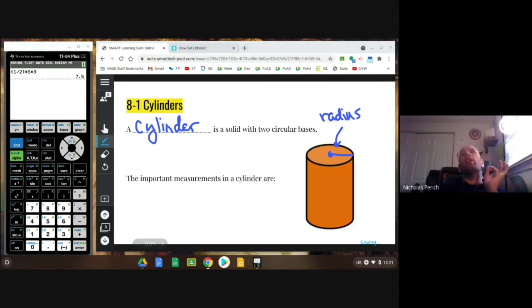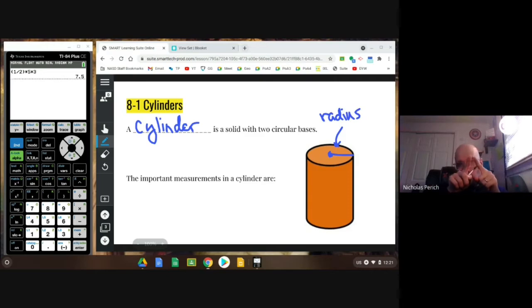Who remembers what it's called if it goes the entire circle? Starts with a D. Diameter. That's all right. We'll bring that word up again several times.